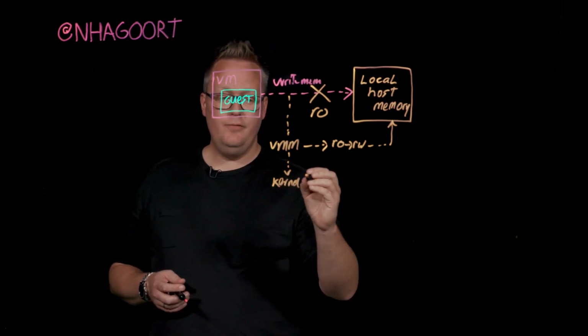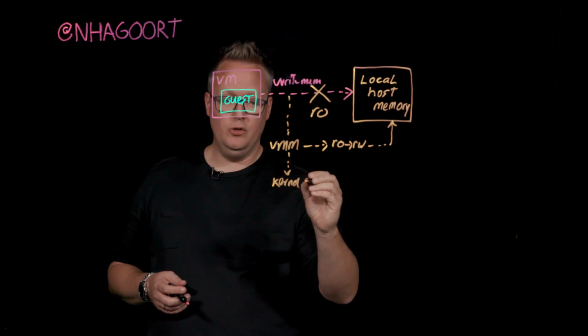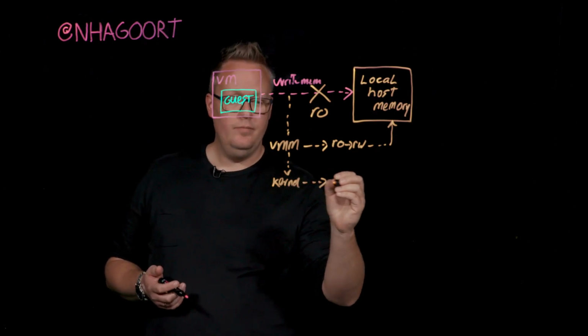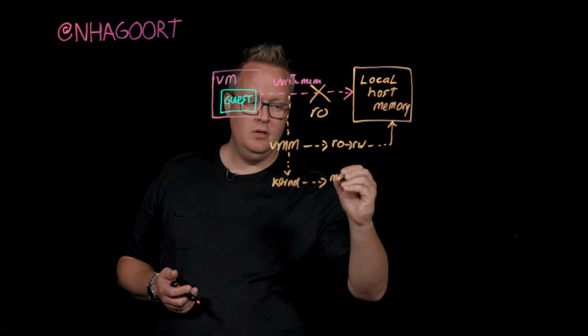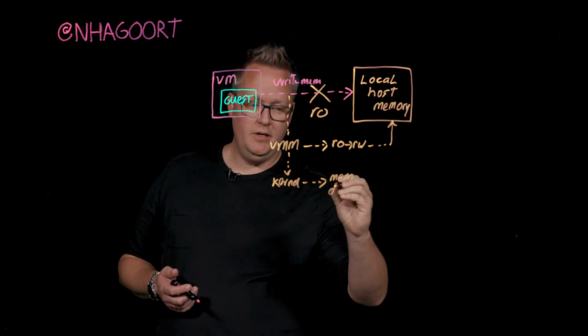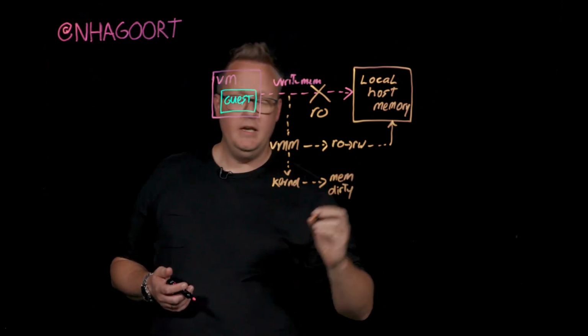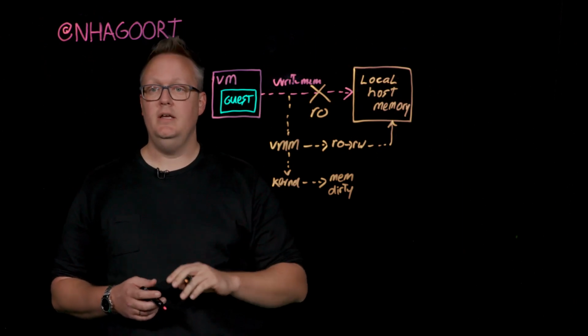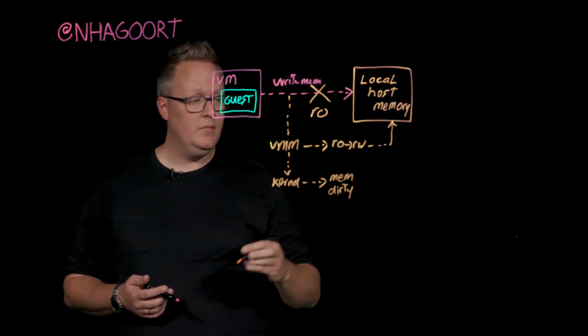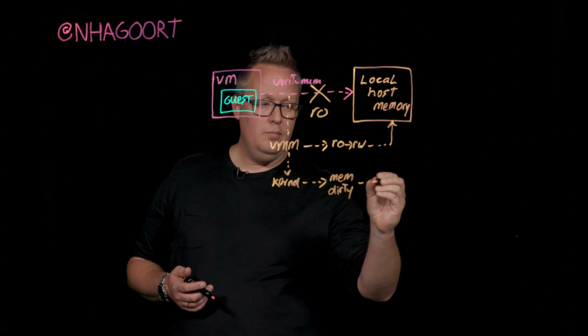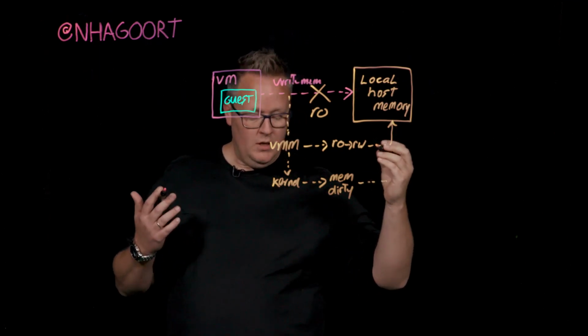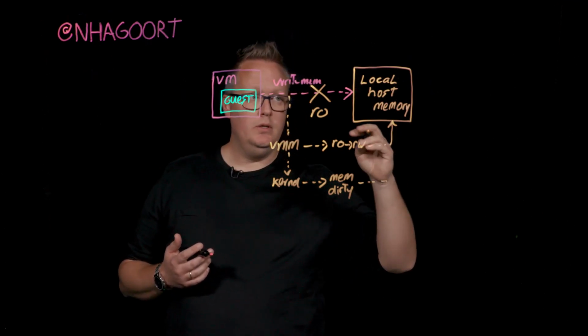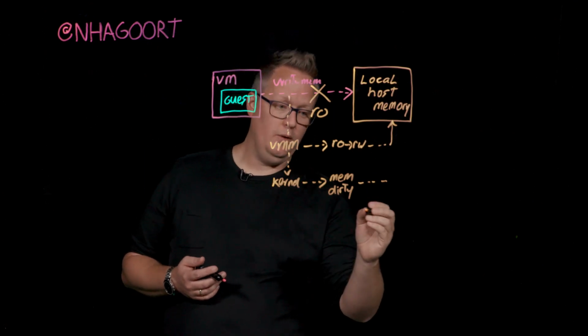Now, in this VM kernel module, the migration module, the memory page is marked as being dirty. That means that that memory page is overwritten. And because it is dirty, we now need to write that memory to the destination host itself as well.